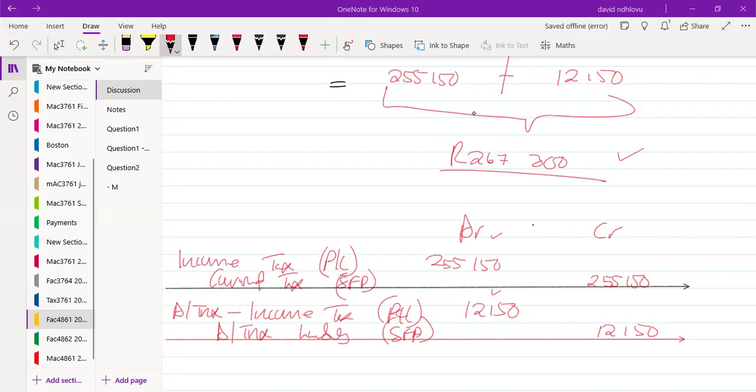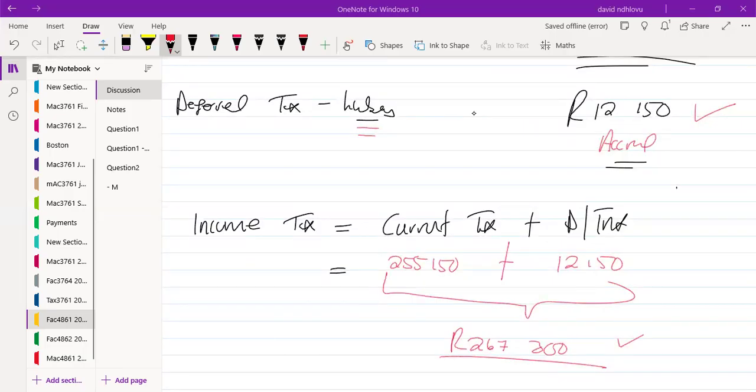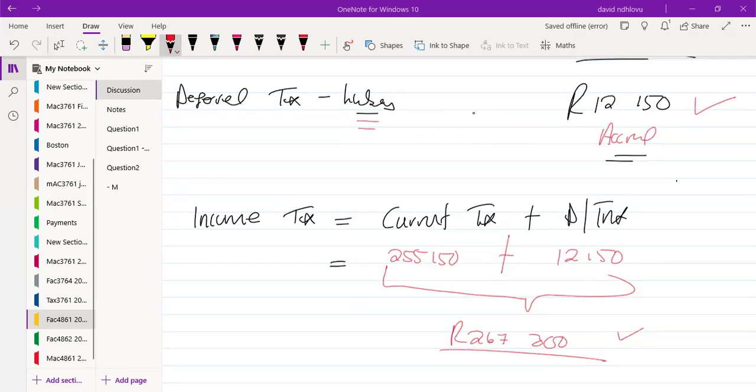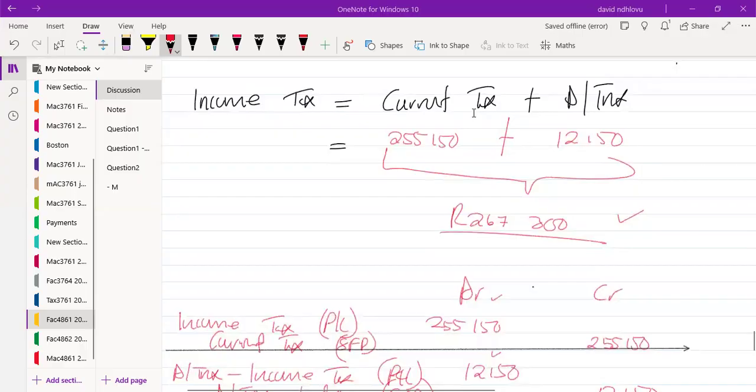So here I generalized 12,150 because we started from 0 and it increased to 12,150. So there is a movement, which is an increase in deferred tax liability of 12,150. If you have a deferred tax asset amount, you must say how much it increased or decreased by in the current year.